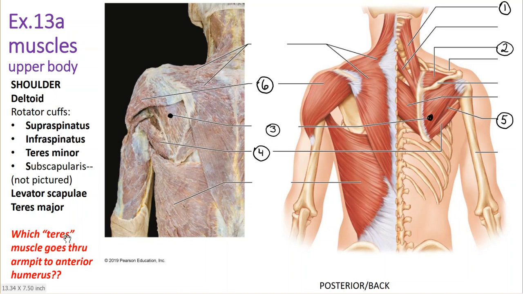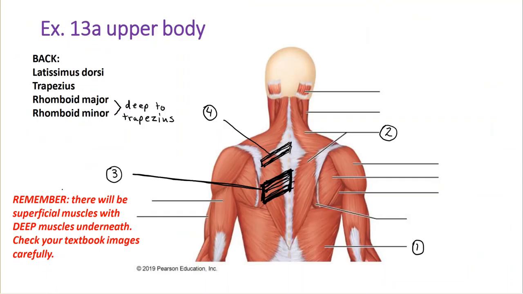Teres also means tube. And so think of the tube-like muscles, the ones that are shaped like little tubes. There's two of them right here. Tube-like. Then back muscles, just remember deep and shallow, or superficial and deep.